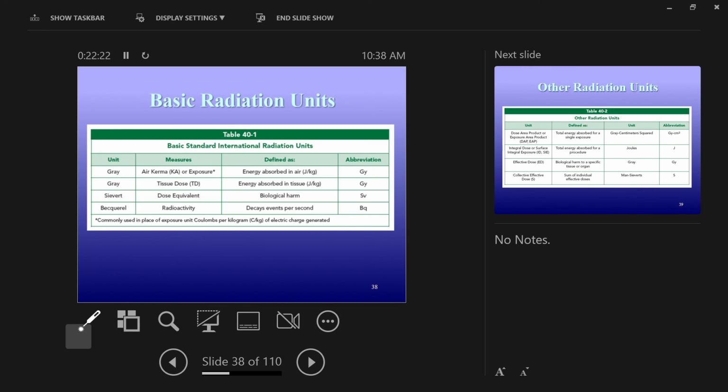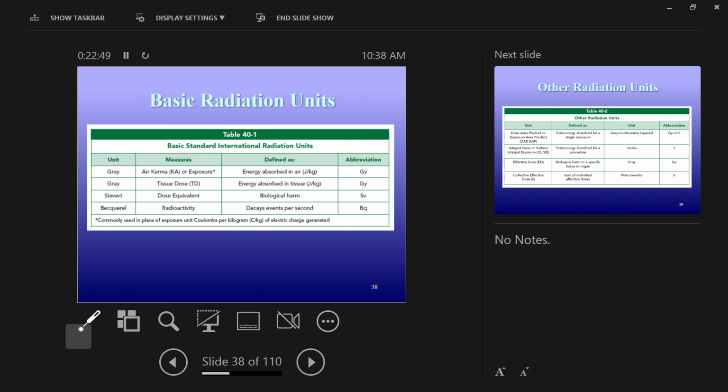I will give it to you later on, but for right now, it's a unit of energy. So the first gray at the top, for air kerma or exposure, is gray with a subscript A for air. Gray with a subscript T for tissue is tissue dose, energy deposited or absorbed into the tissue. The same unit though, joules per kilogram.